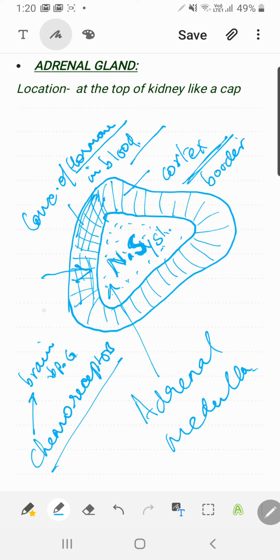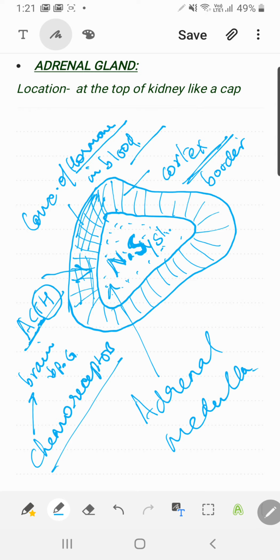Brain, particularly I am referring to the pituitary gland, right? The anterior pituitary, which releases ACTH. That's why you call this hormone adrenocorticotropic hormone, because this particular hormone is stimulating which area? The cortex area of the adrenal gland. It's a tropic hormone that controls the cortex area of the adrenal gland.